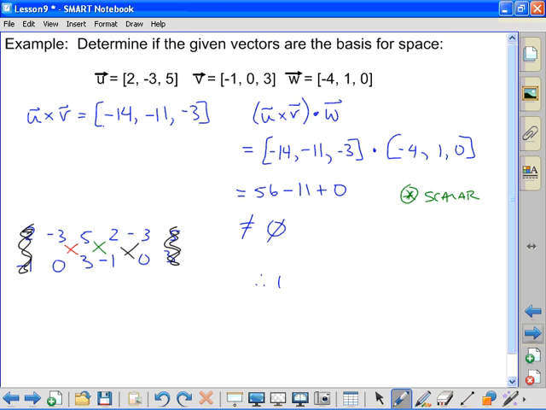So therefore, u, v, and w are a basis for space. If it was equal to 0, then the resulting three vectors would be coplanar, on the same plane. All right, so there's the first part.